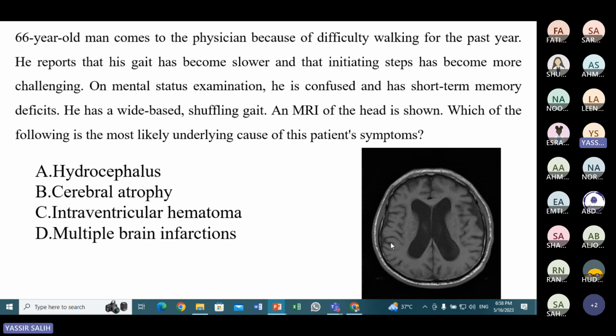But in cerebral atrophy, in addition to dilatation of the ventricular system, there will be dilatation of the sulci, with excessive CSF in the sulcus and atrophy of the gyrus.